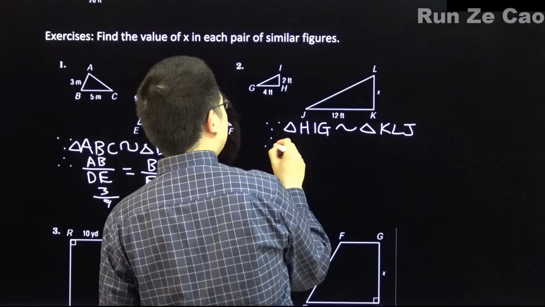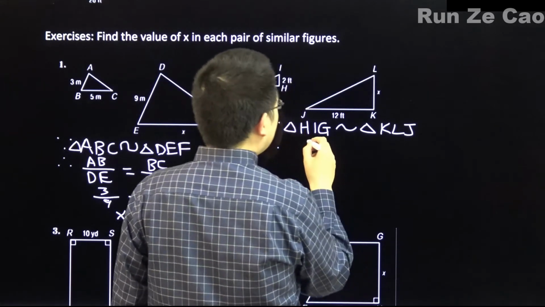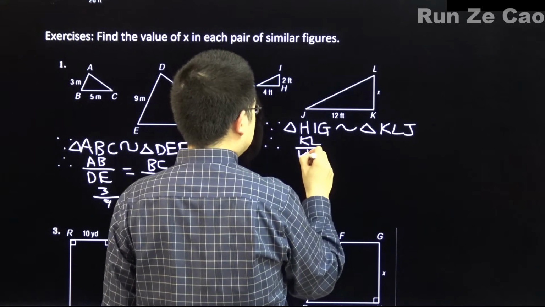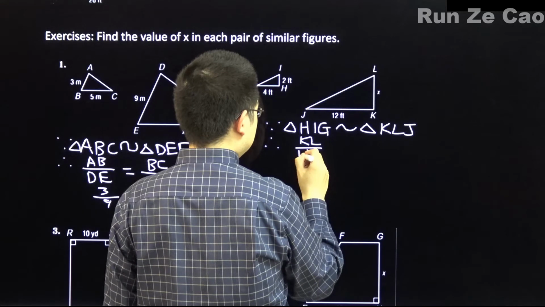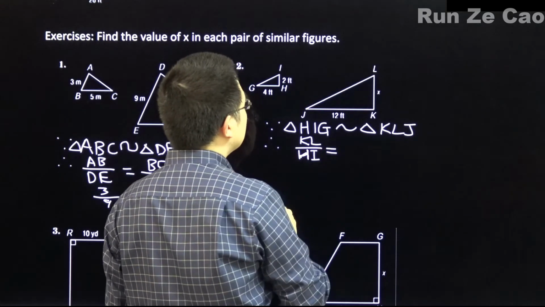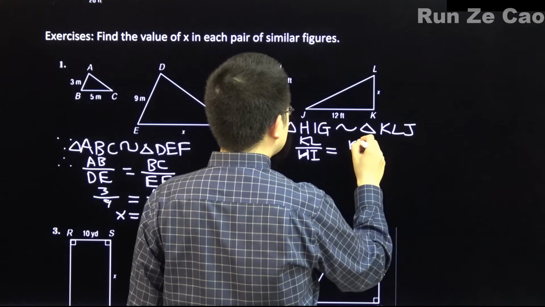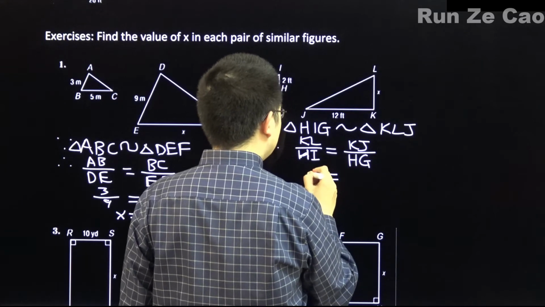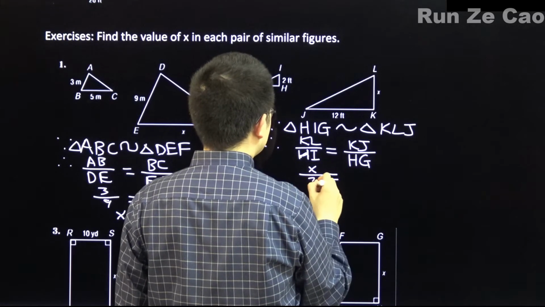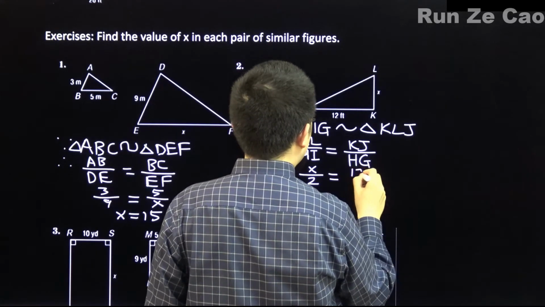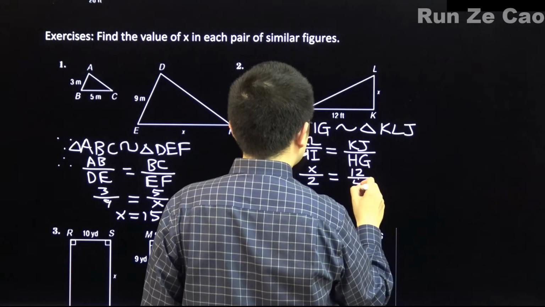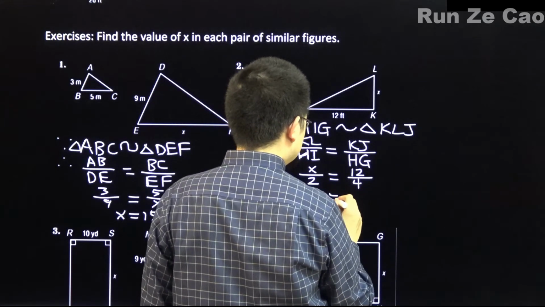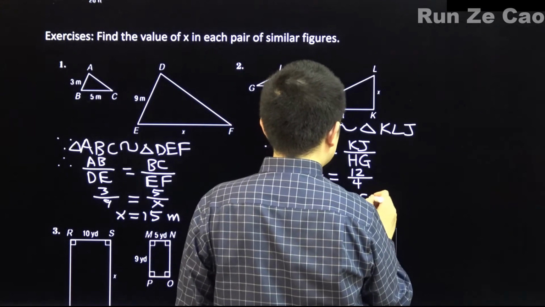Therefore, KL over HI is equal to KJ over HG. KL is X, and HI is 2. KJ is 12 over HG is 4. So, X is equal to 6 feet.